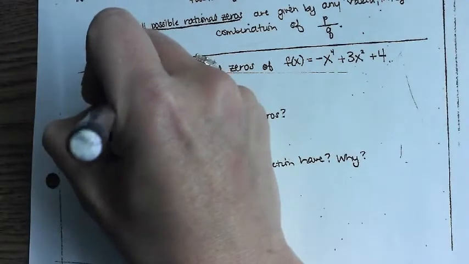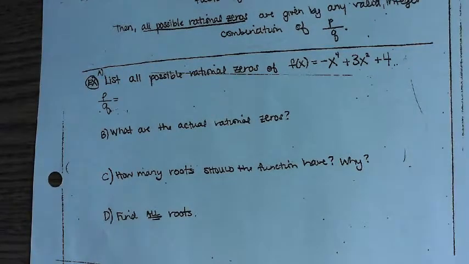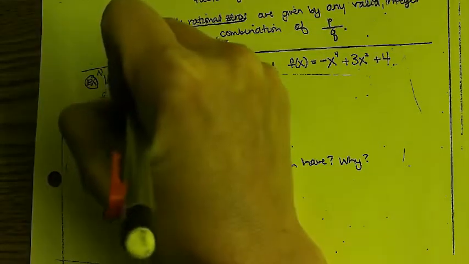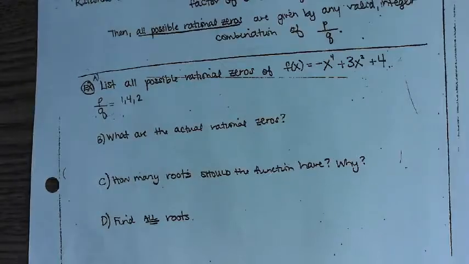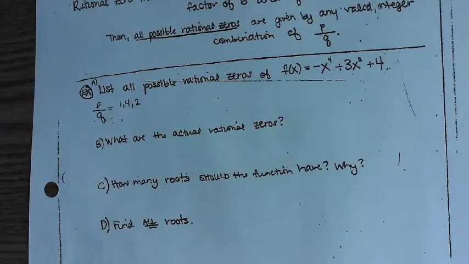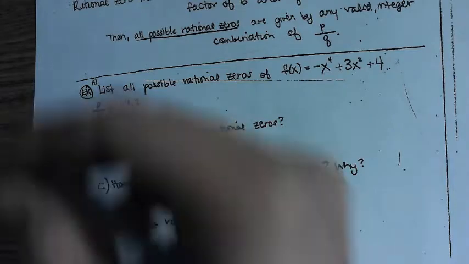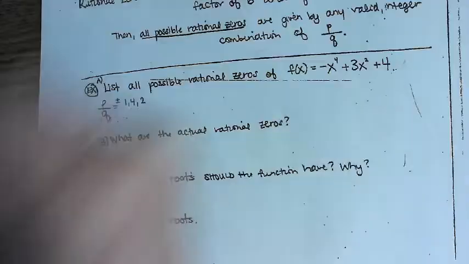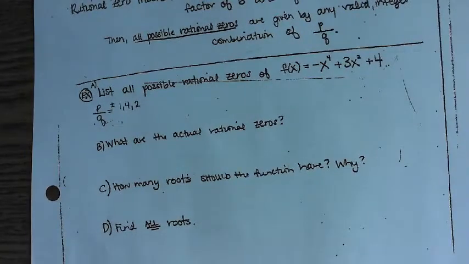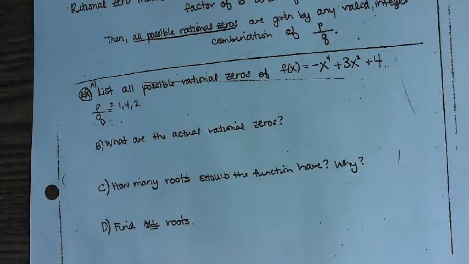Now, just by nature of how multiplication works, factors of positive 4 are 1, 4, and 2, as well as -1, -4, and -2. So we always just throw a plus or minus in front of all this. So those are all your P options. We have 6 of them: 1, 4, 2, -1, -4, -2.